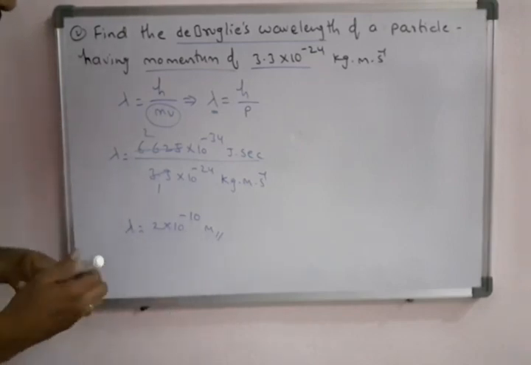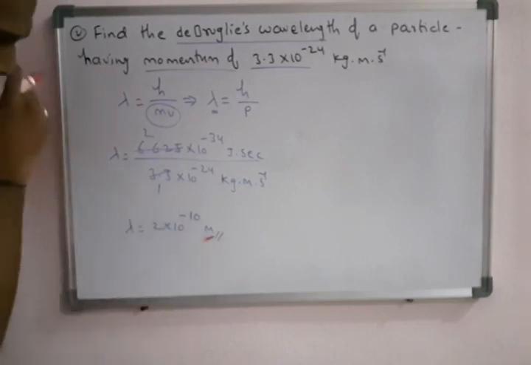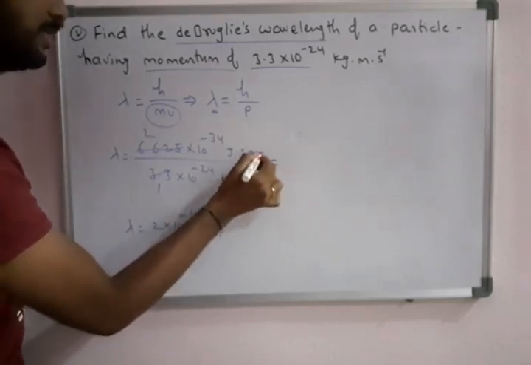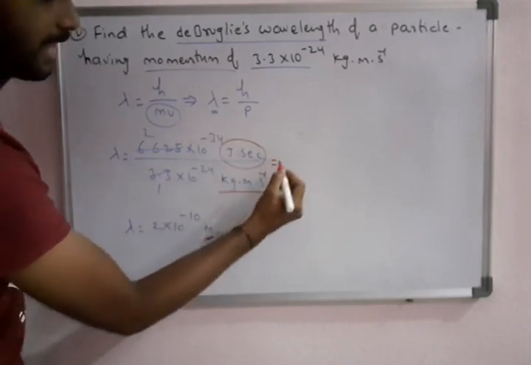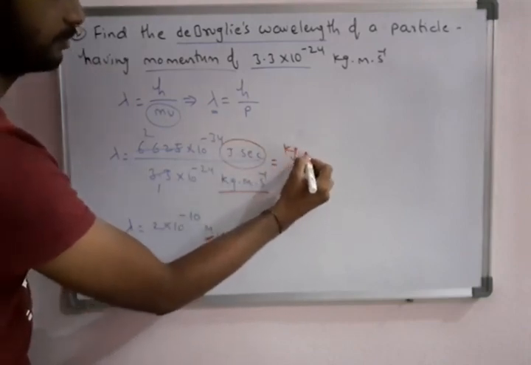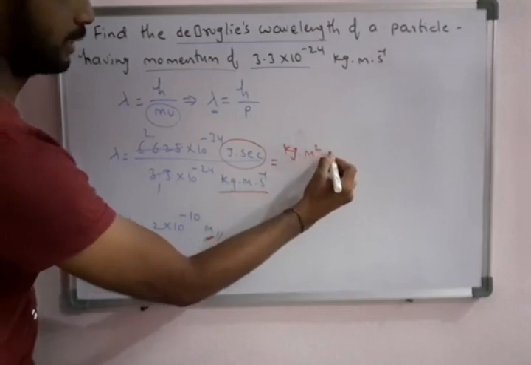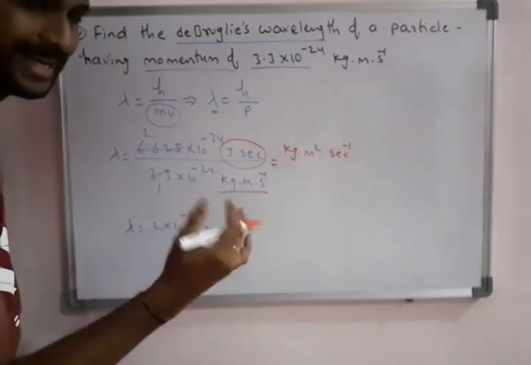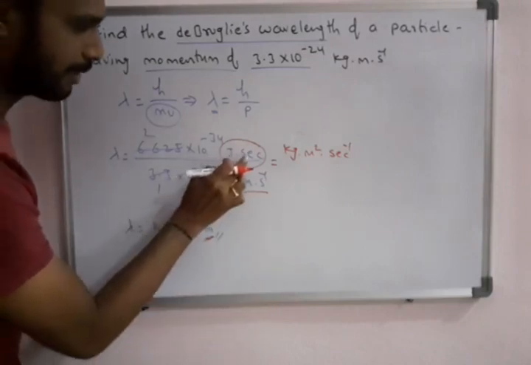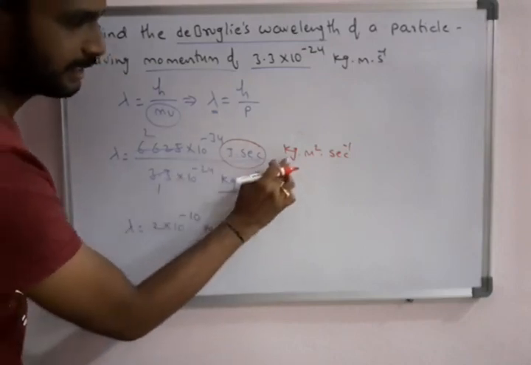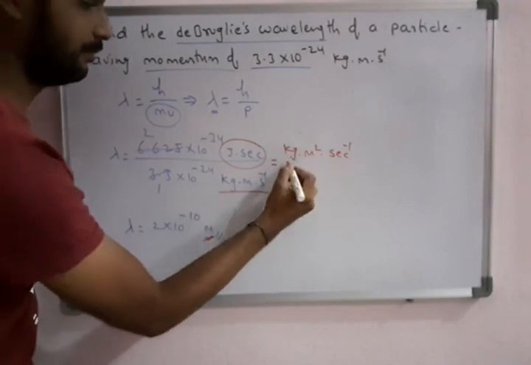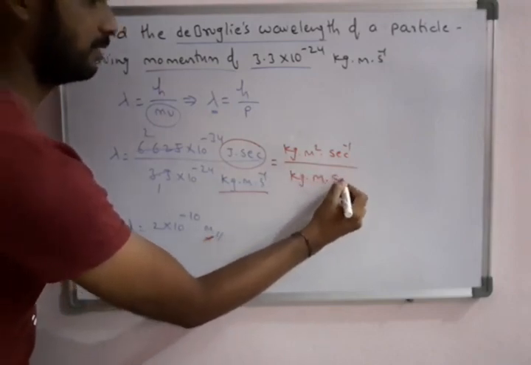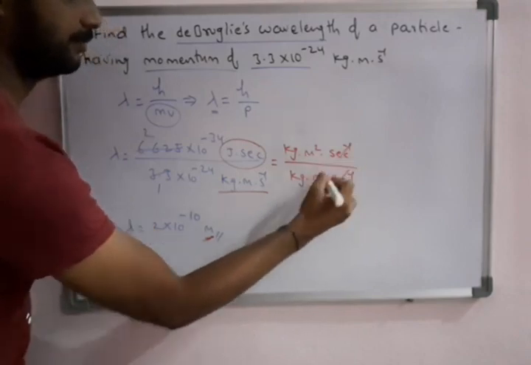So the important thing is how you get meters with values like this. In the place of joule into second, actually we can write kg meter square second inverse. By expanding this joule and making it into second, we get kg meter square per second, and the momentum is given in kg meter per second.